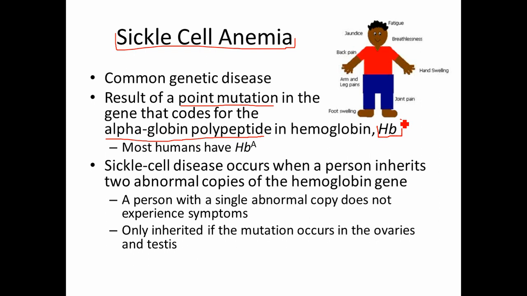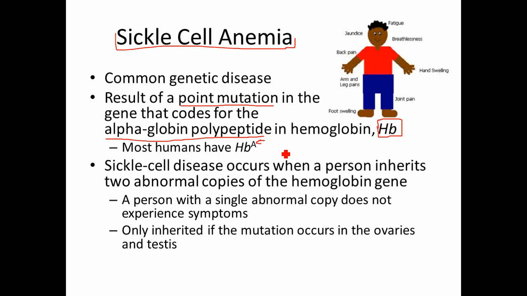The short form of the gene is written with a capital H, lowercase b, which basically means hemoglobin. Most humans have what is referred to as HbA, and we use this superscript A to indicate the normal or wild type version of the gene.